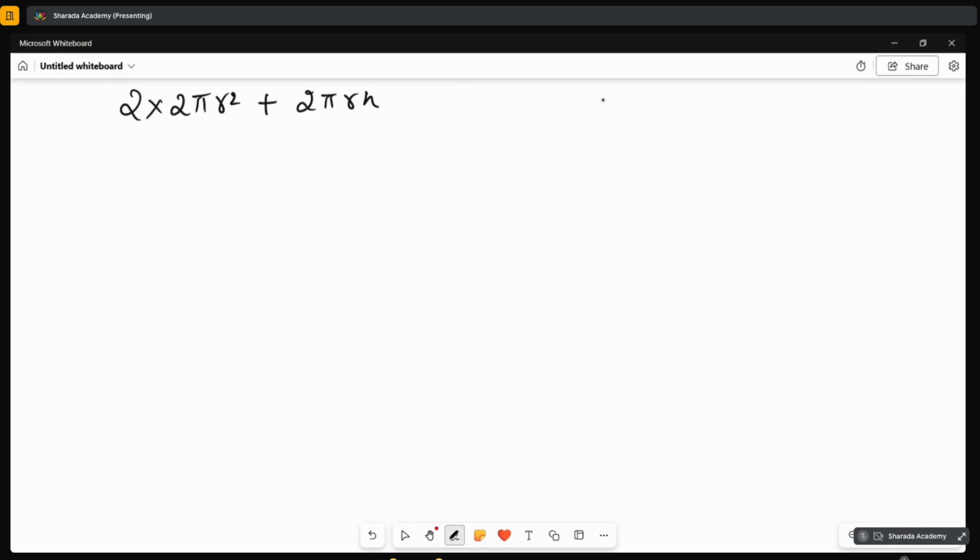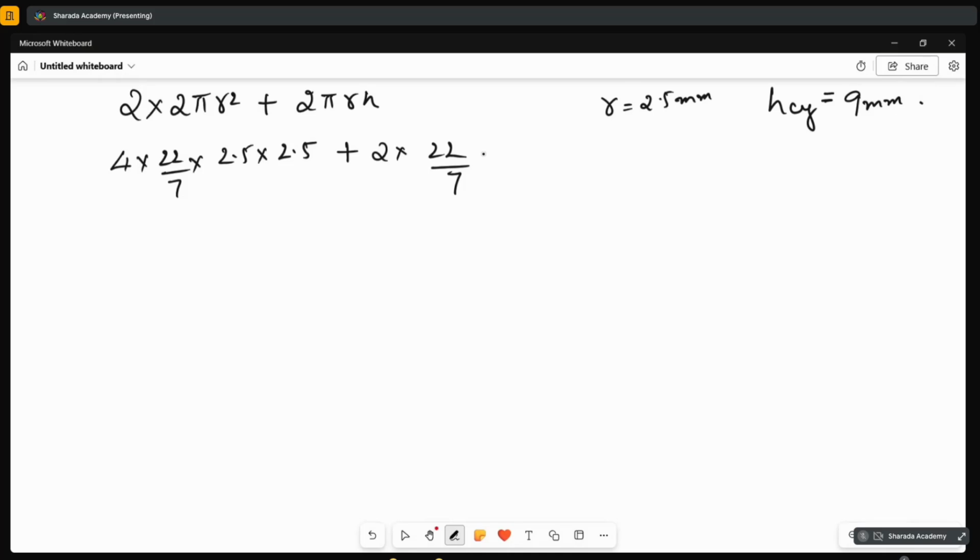So radius is equal to 2.5 mm and height of the cylinder is equal to 9 mm. So 2 into 2, 4 into 22 by 7 into 2.5 into 2.5 plus 2 into 22 by 7 into r, r is equal to 2.5, into height, it is 9.